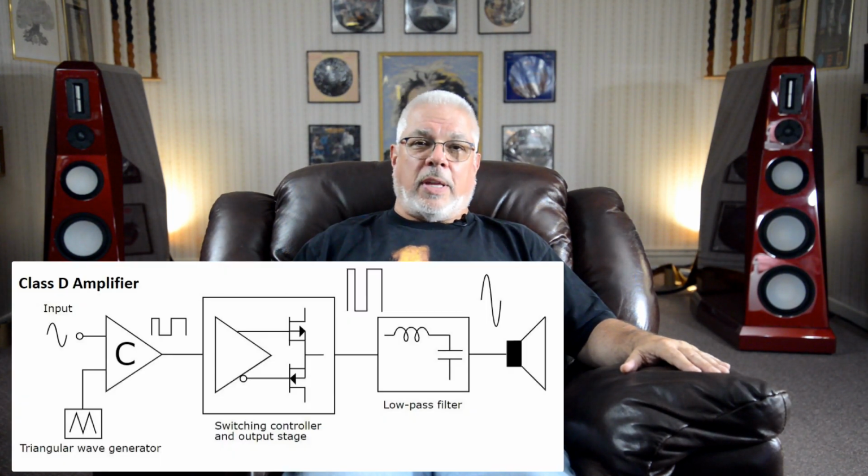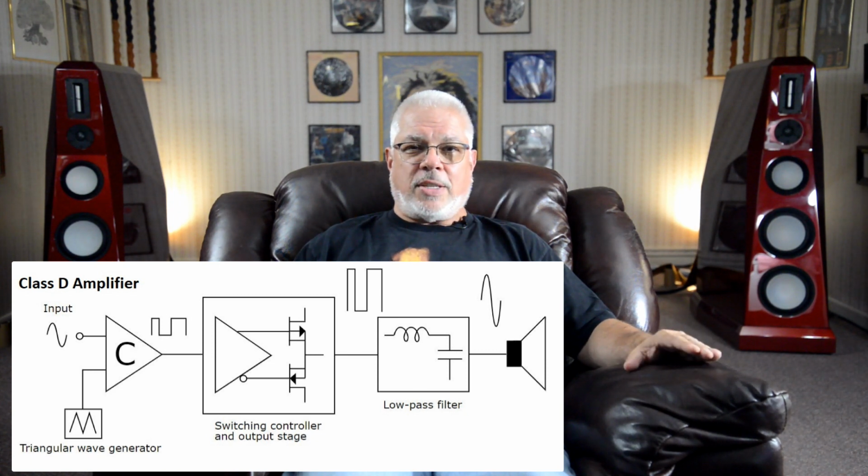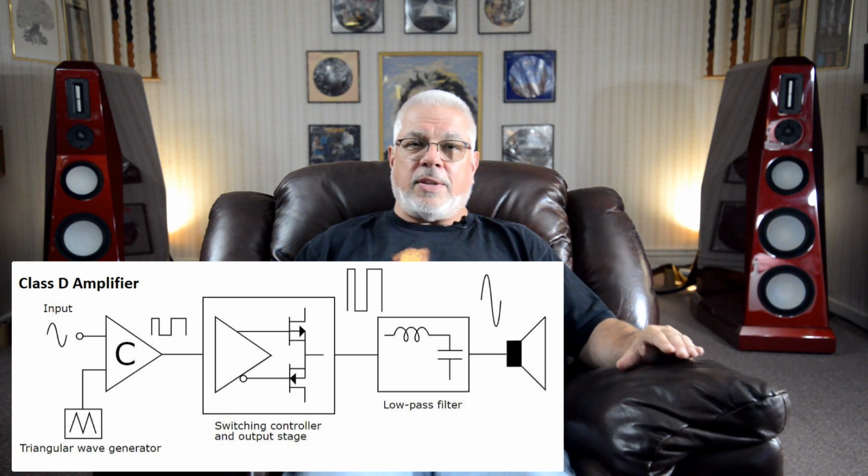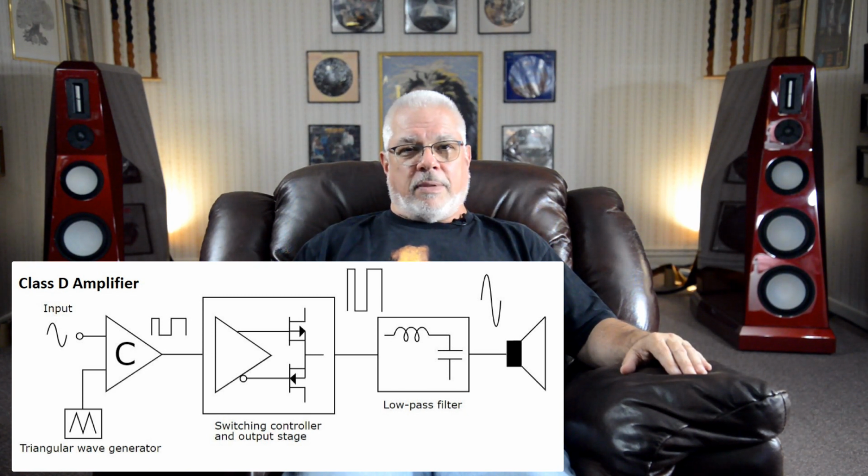Class D is basically a nonlinear switching amplifier that uses some form of pulse width modulation to control the output devices. As such, the conduction angle of each device is no longer related directly to the input signal, but instead varies in pulse width. In Class D amplification, the active devices, transistors only here, and typically MOSFETs, no tubes, function as electronic switches instead of linear gain devices.